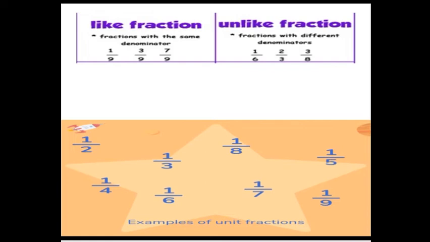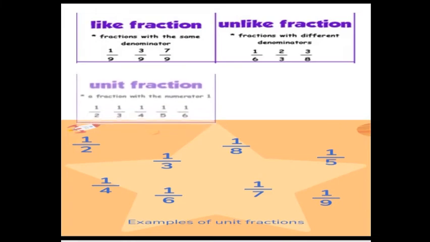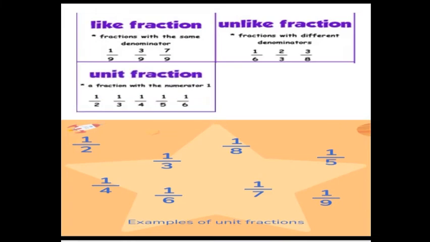Now we are moving on to the concept of unit fraction. The unit fraction is nothing but a fraction whose numerator consists of 1. 1 is the unit. Examples of unit fraction: 1 by 2, 1 by 3, 1 by 8, 1 by 5, 1 by 4, 1 by 6, 1 by 7 and 1 by 9.